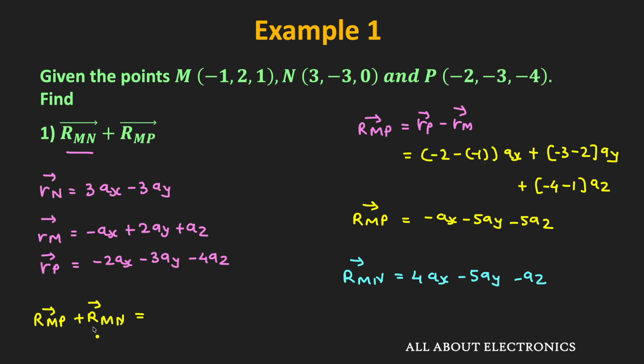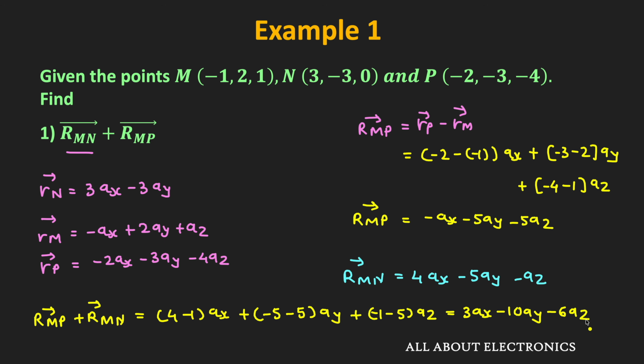So Rmp plus Rmn is equal to 4 minus 1 times ax plus minus 5 times ay plus minus 1 minus 5 times az, which is equal to 3ax minus 10ay minus 6az. In this way, we got the addition of these two displacement vectors.